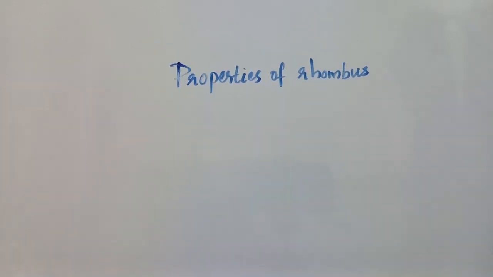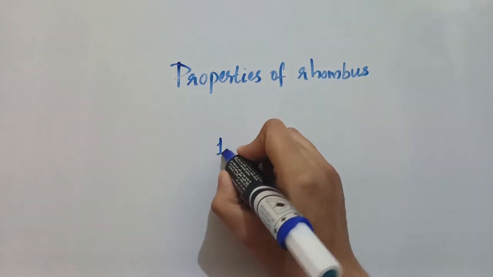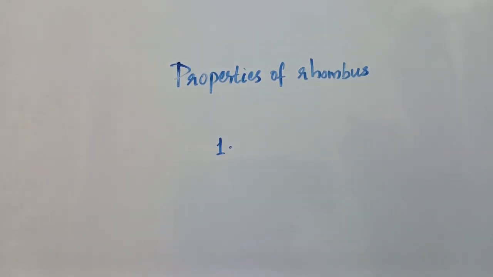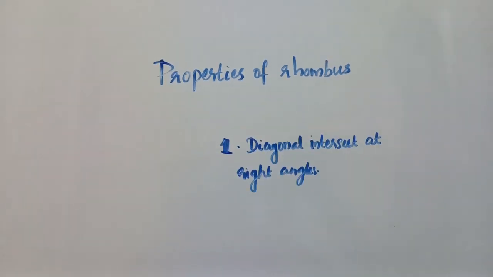Next we can look at the properties of a rhombus. A rhombus also has all properties of a parallelogram plus one more property, that diagonals intersect at right angles. That is, a rhombus also has 5 properties: 4 from the properties of a parallelogram, that is, opposite angles are congruent, opposite sides are congruent, adjacent angles are supplementary, diagonals bisect each other, plus one more property, diagonals intersect at right angles.